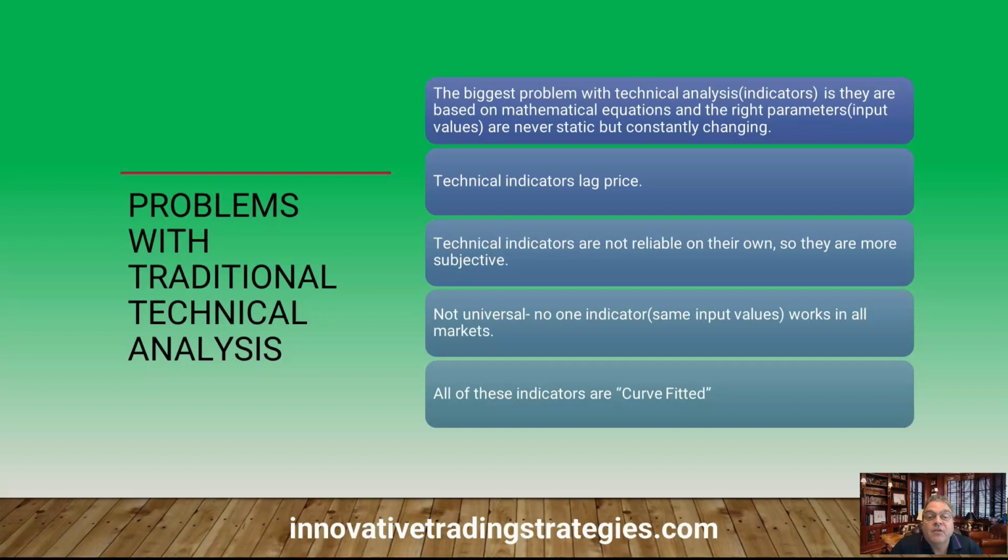Technical indicators are not reliable on their own, so they are more subjective, and that's the other thing. This is something that I see a lot of people do: they take an indicator, let's say a moving average, right? And the question is, can you make money just trading off of that moving average?